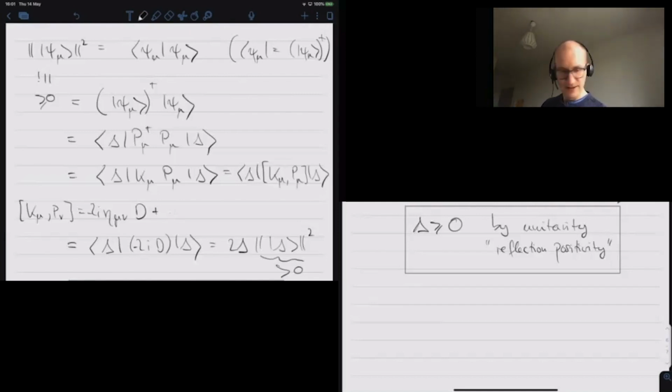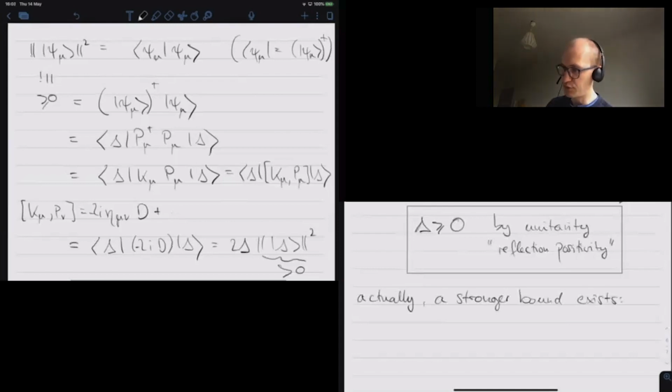However, actually, we can do more. Maybe that's the last thing that I want to show you, which is that a stronger bound exists. Proving that is also on the sheet, but I will just outline how it works. Let's look at a level 2 descendant, a particular one where now I am summing over mu, P mu P mu acting on delta.